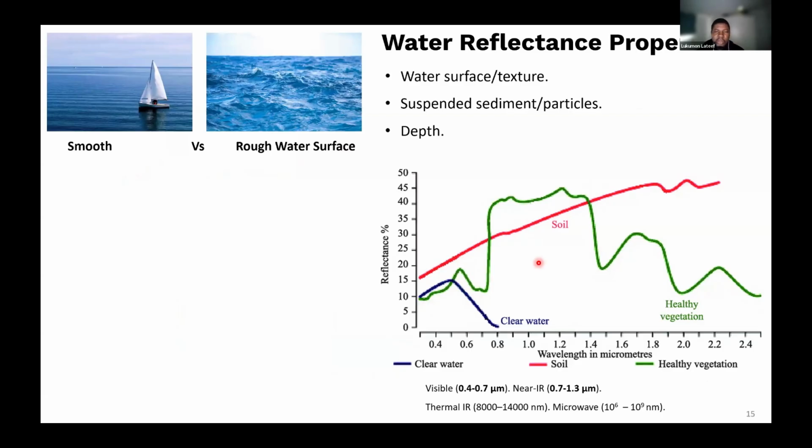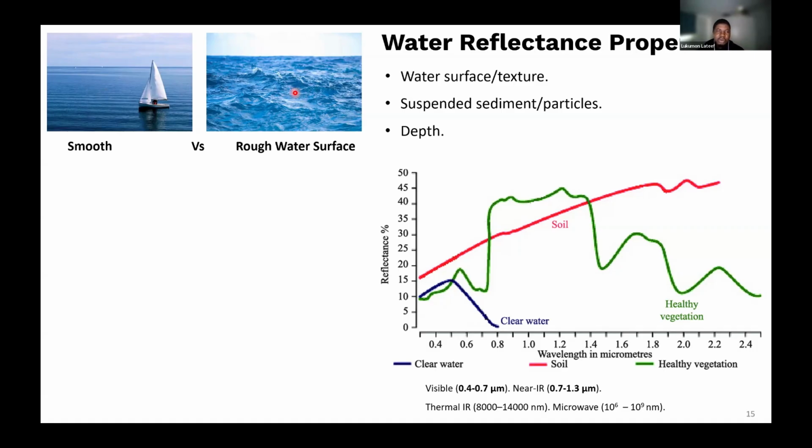Talking about water, water is also affected by what I explained earlier, the roughness of the surface. Here you see a smooth surface, which is going to result in a specular reflection, and you have a kind of wave on the water, which might result in diffuse reflection, and you have more reflection.